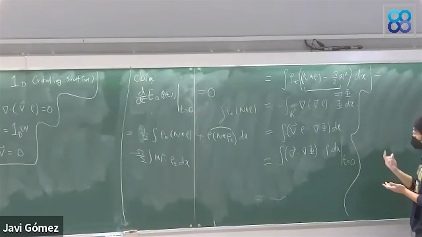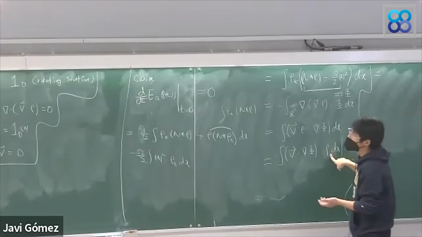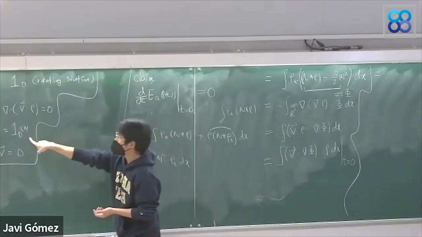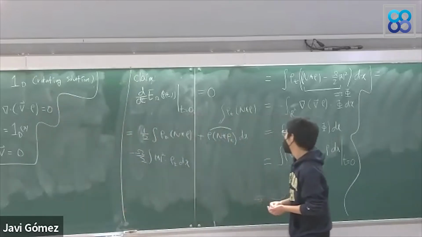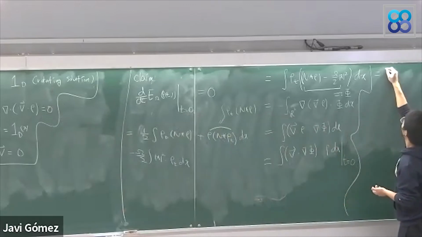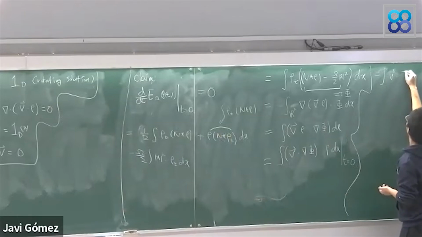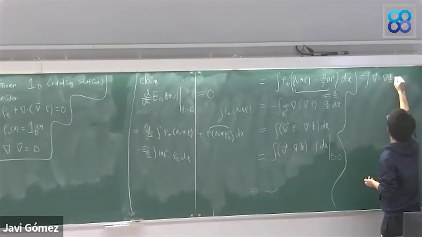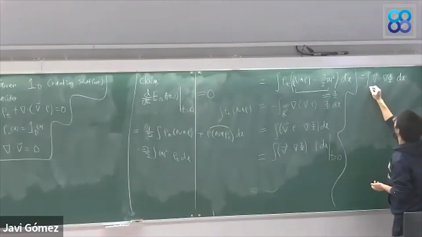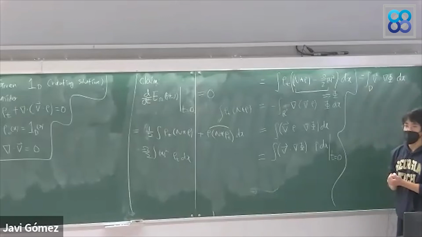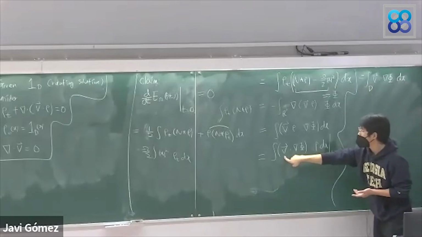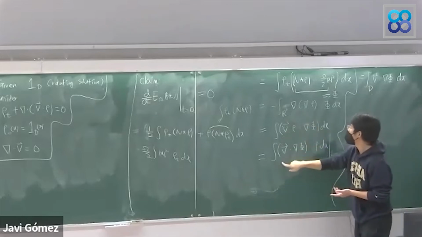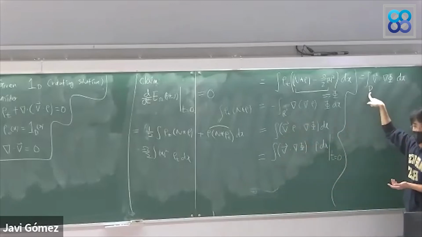Which gives you, at time 0, the rho is the characteristic function, assuming a rotating solution. But that is just the characteristic function. So we just integrate this not in the whole space, but only on the domain of the patch.